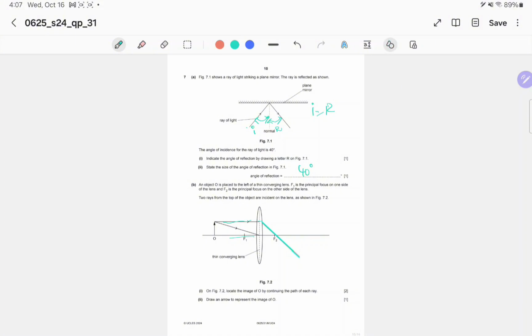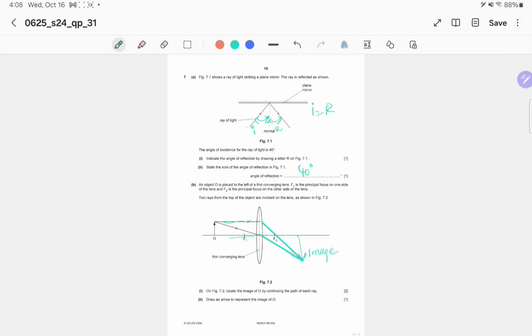And the second thing, if you draw from the center, it should not bend. It should come as a straight line and converge here. Both intersect at the point. I am writing it's an inverted image. This is the image point.